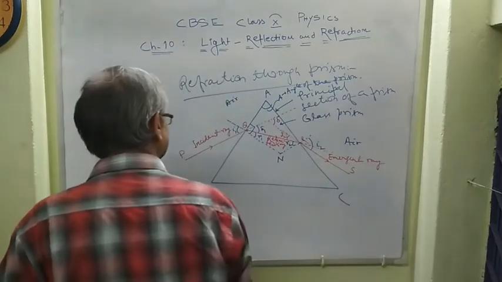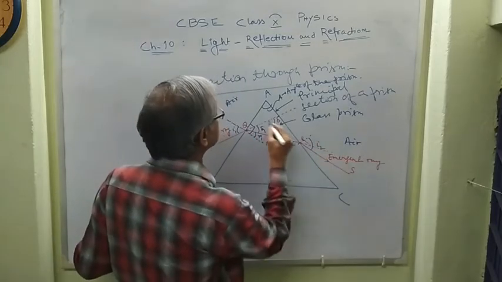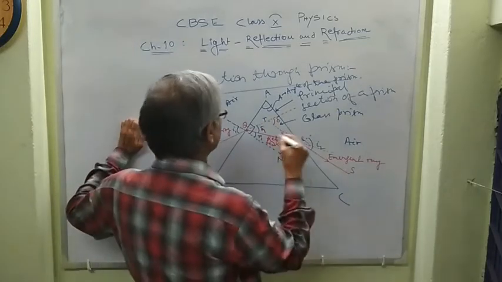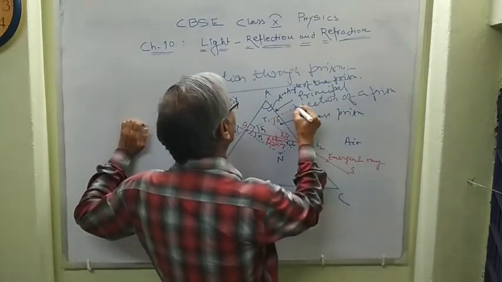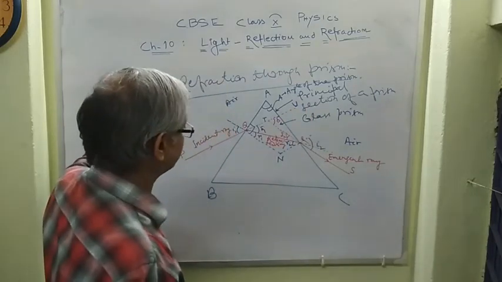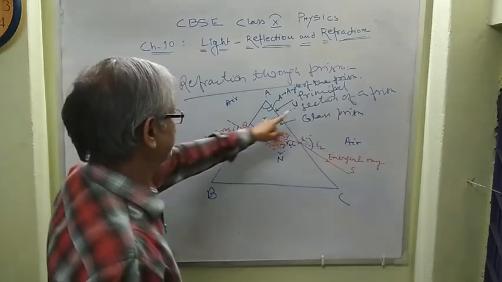Here we see that the extended ray meets at T, T U. Right?